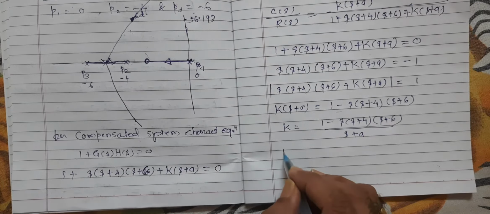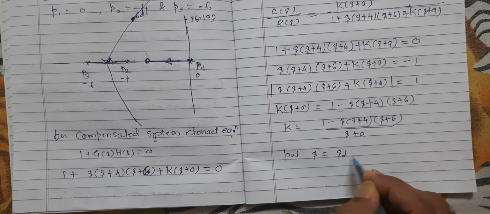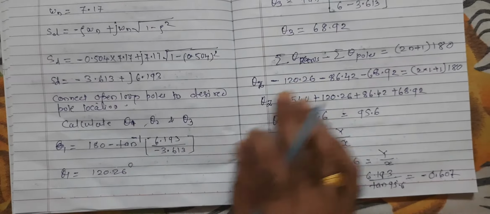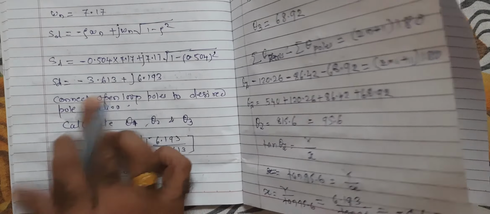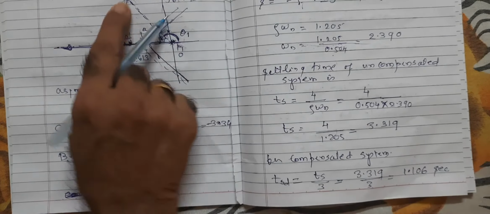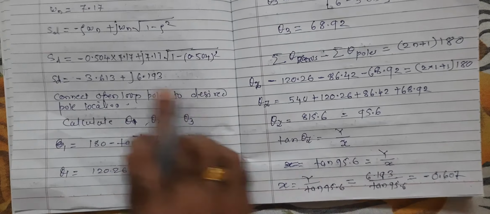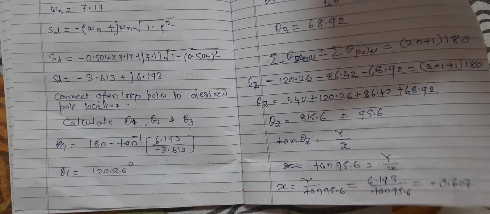So put s equals sd, that is the desired pole location. What is the desired pole location? The desired pole location that we have already calculated is minus 3.613 plus j 6.193.